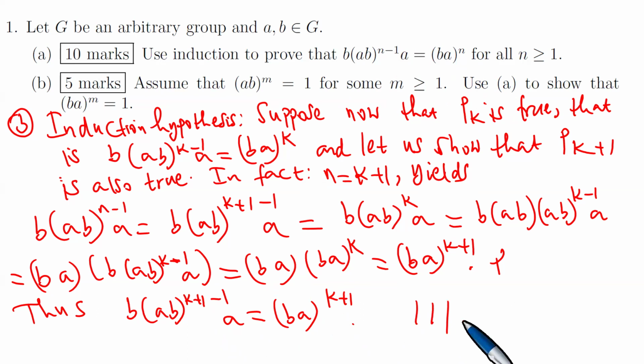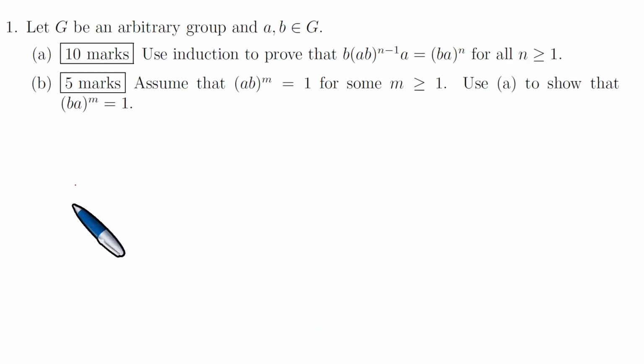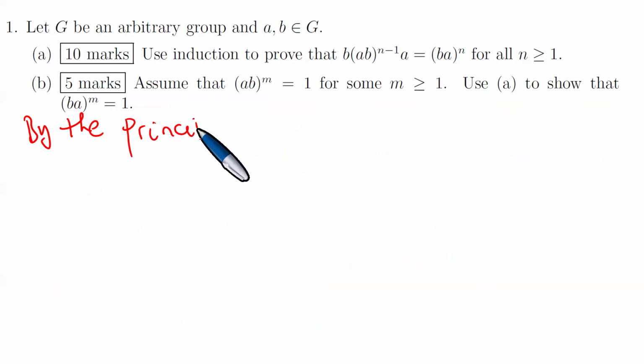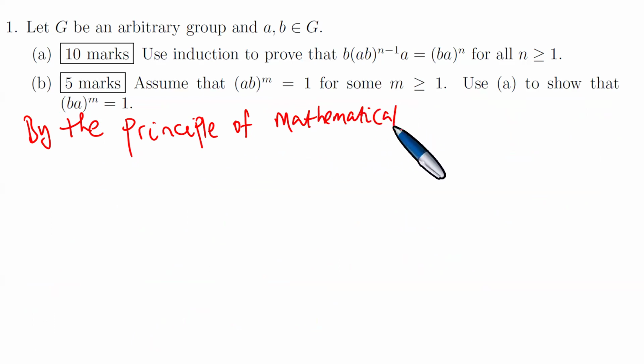But what then is the conclusion by the PMI? We conclude as follows: by the principle of mathematical induction, we obtain that P(n) is true for all n greater than or equal to 1. We're just practicing this anyway; we're still going to go deeper into the sections that are important.